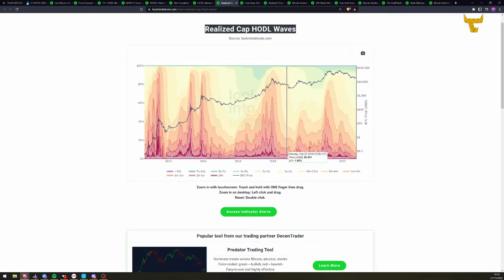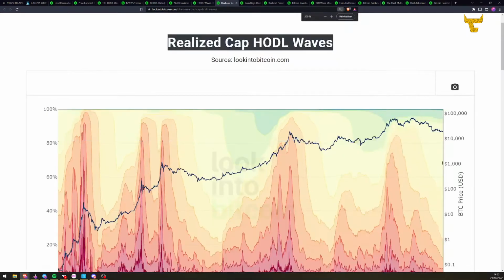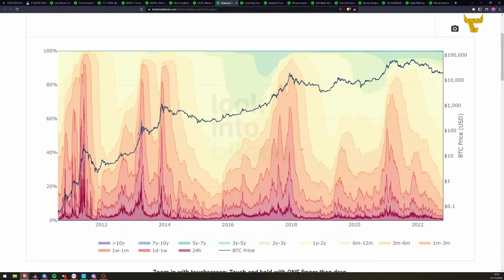So it makes the thing even more obvious here that the 1 year, 2 years HODL wave is growing a lot during this accumulation period. And again, we are at a level we saw. Not sure you can see it clearly here because the colors are really similar.